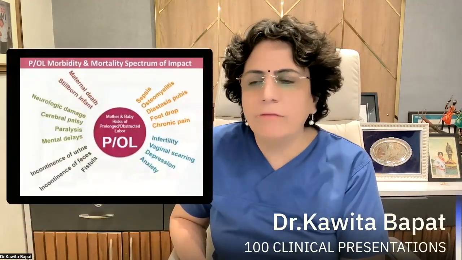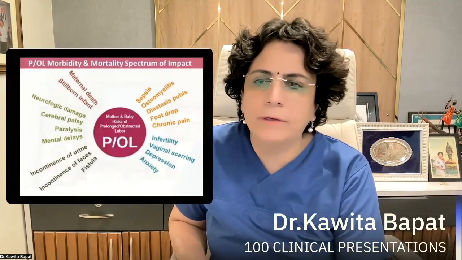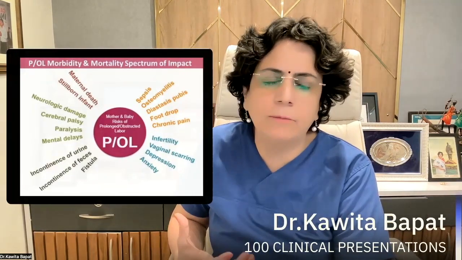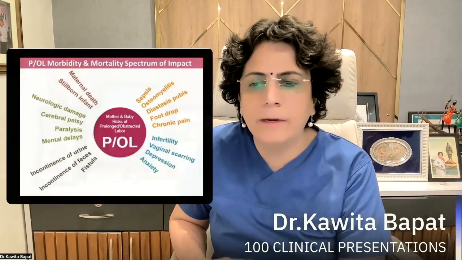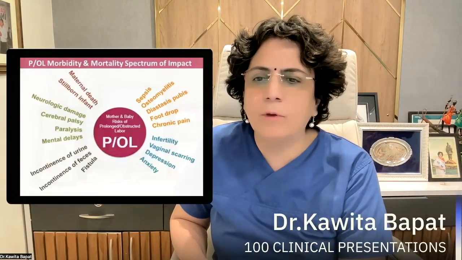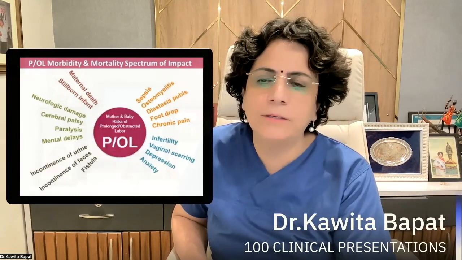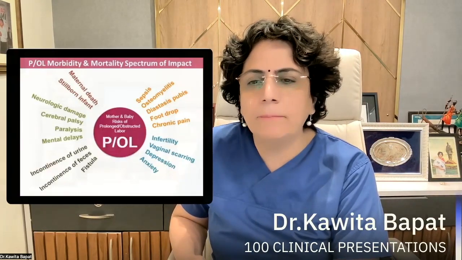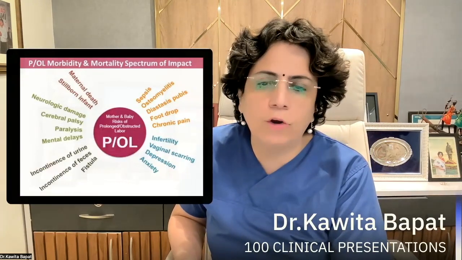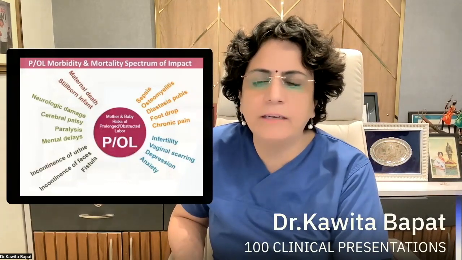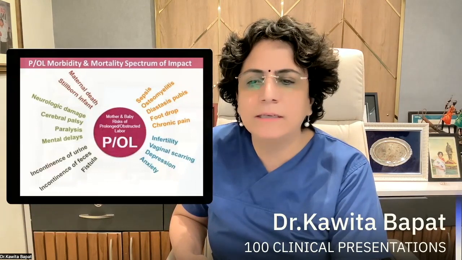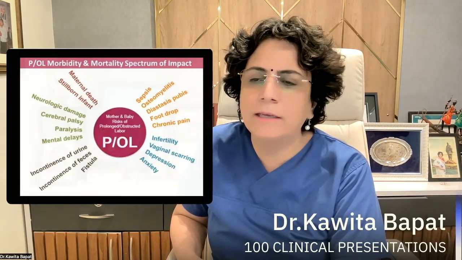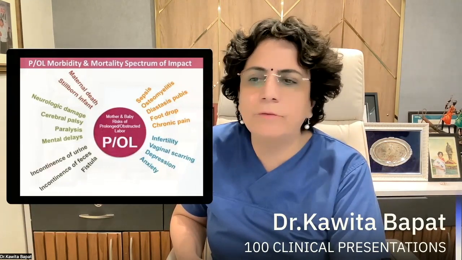Now, what actually happens is a spectrum of impact from obstructed labor, with mortality and morbidity. The patient can end up with sepsis, osteomyelitis, diastasis pubis, foot drop, chronic pain, infertility, vaginal scarring, depression, anxiety, maternal death, stillborn infant.